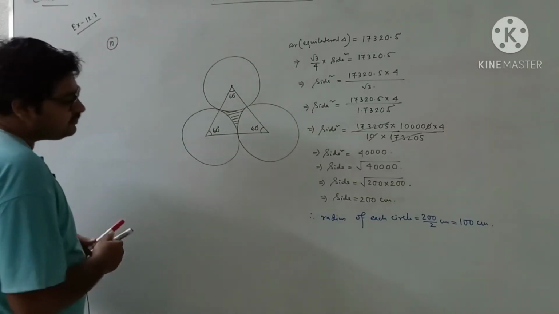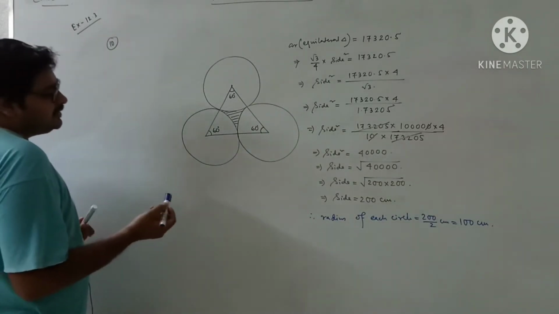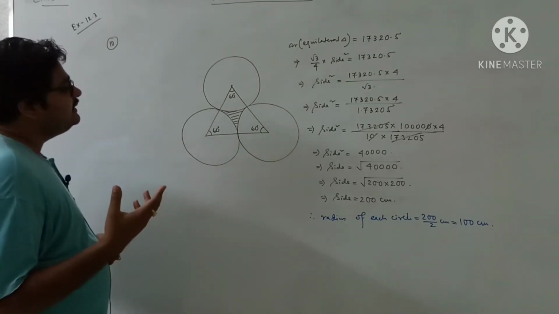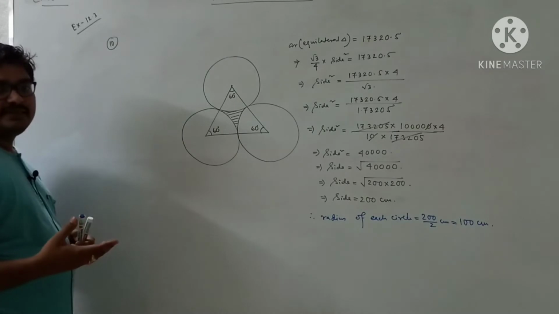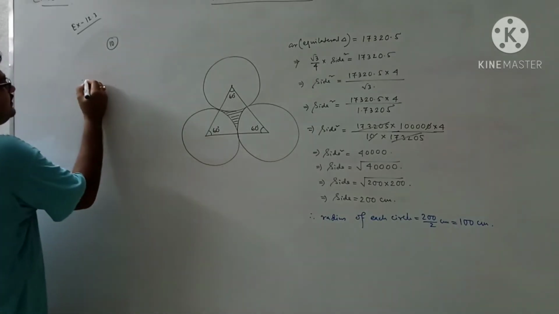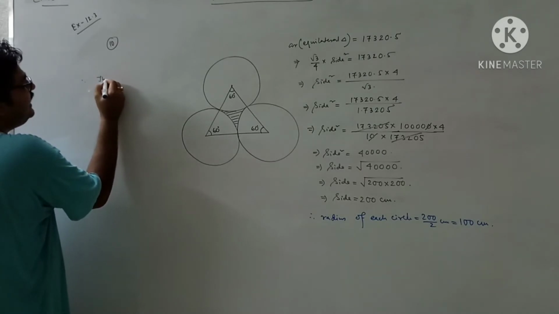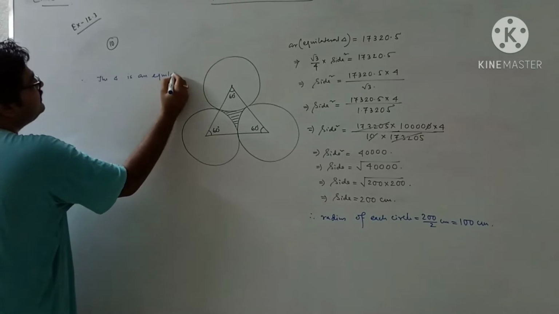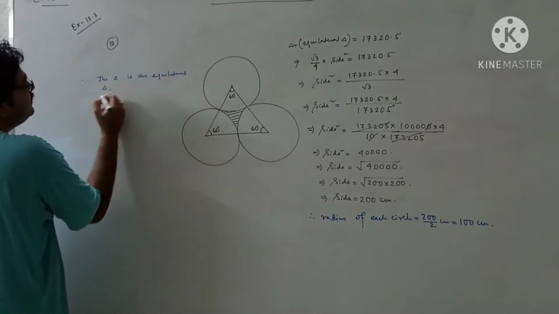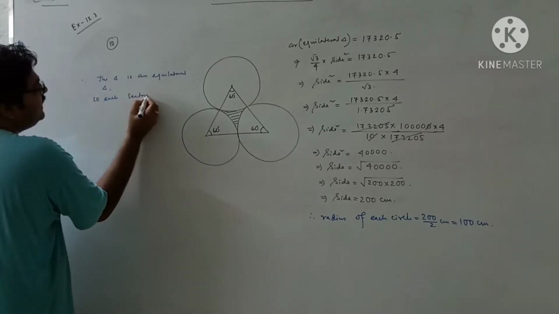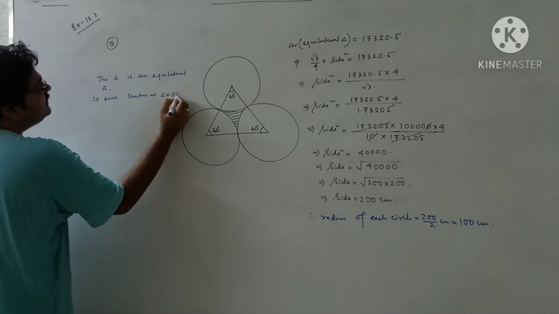So now, first of all we will write: since the triangle is an equilateral triangle, all angles equal 60 degree, therefore each sectorial angle equals 60 degree.